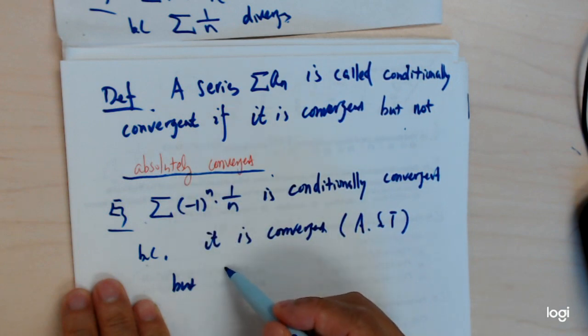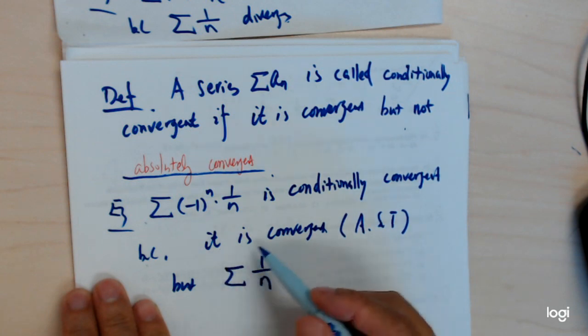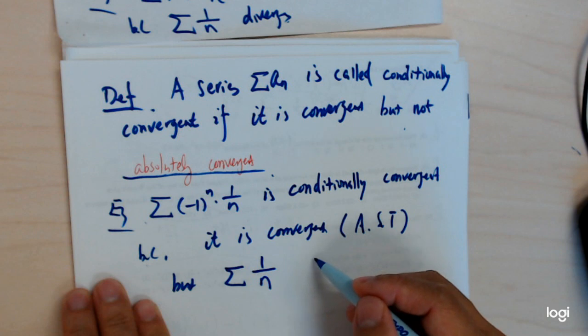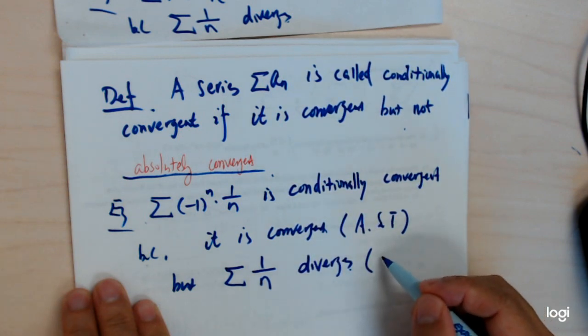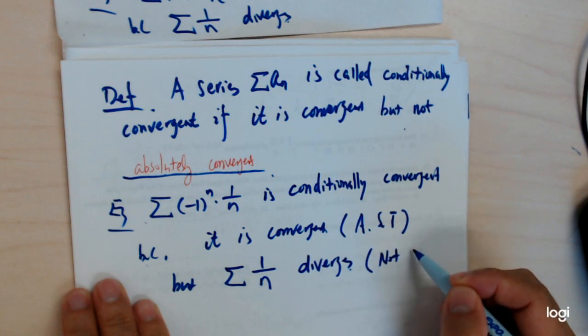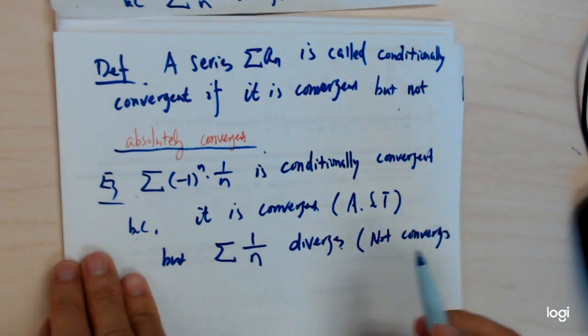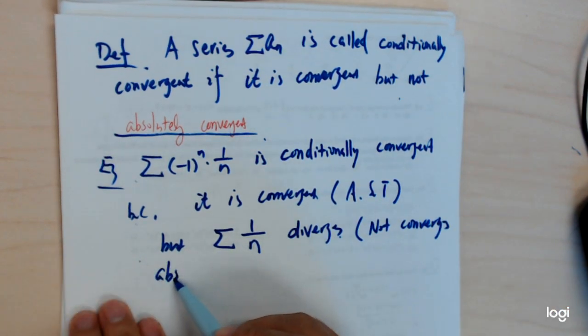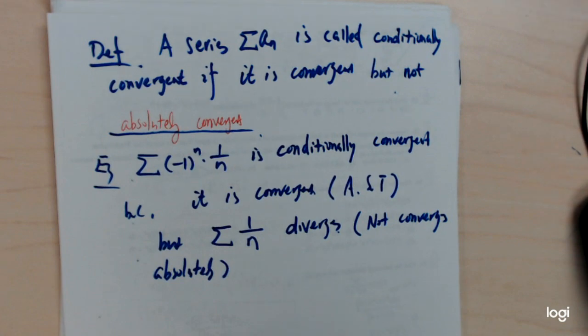Meaning, if you take the absolute value, which results in this harmonic series, the absolute value series diverges. In other words, it does not converge absolutely. All right, and that's why we call this one converges conditionally.